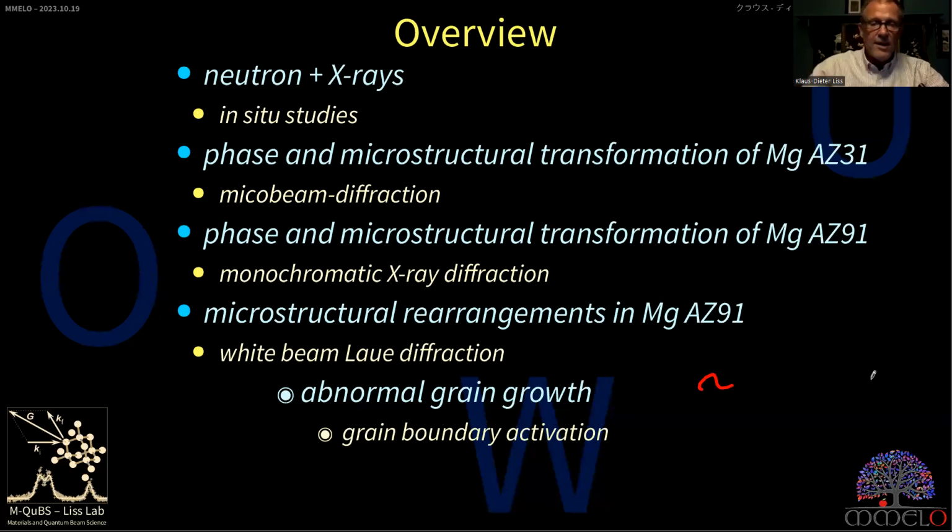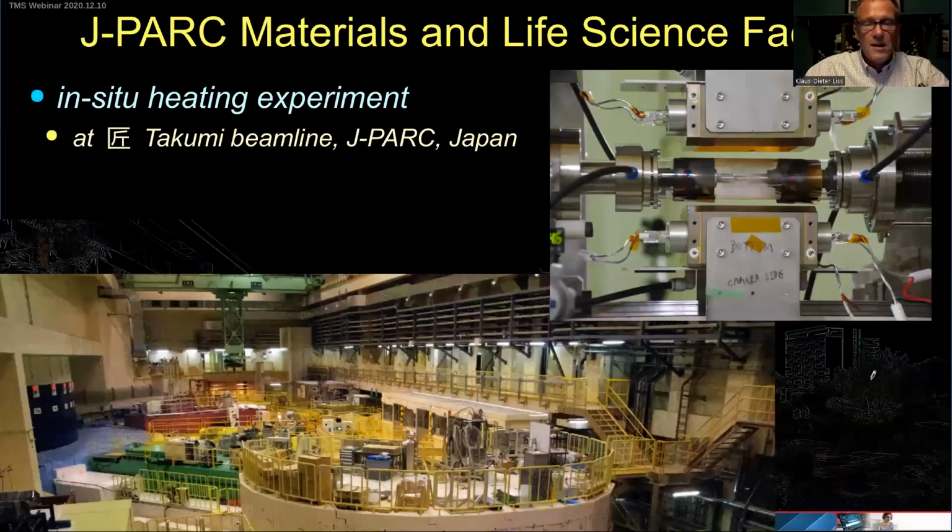So I think now I can scribble on the screen. This is one of the neutron facilities I used in the past, the J-PARC Materials and Life Science Facility. And I want to come directly to one of these magnesium experiments. What we have there is a dilatometer furnace.